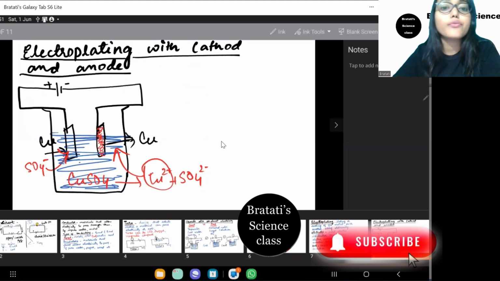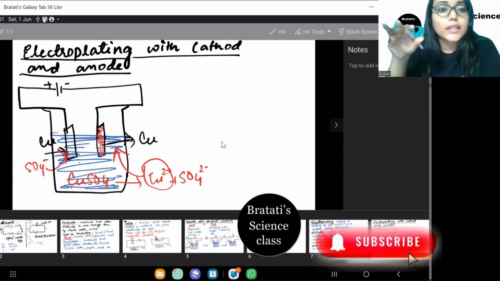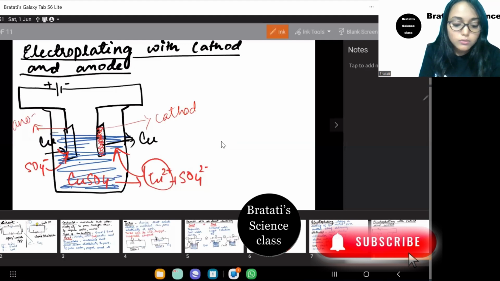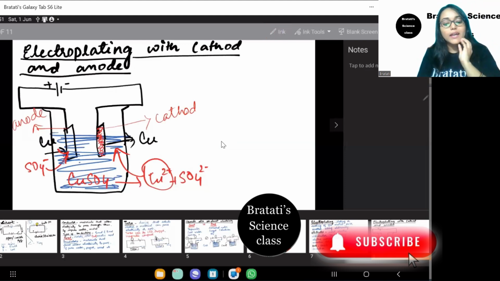So this is the picture of electroplating with the positive and negative electrodes, that is cathode and anode. Now see the battery, the cell. In my cell, the positive and negative ends. Here, the negative end is attached to the cathode, and this will be the anode. Here we have taken the liquid in a beaker and put in the two electrodes.